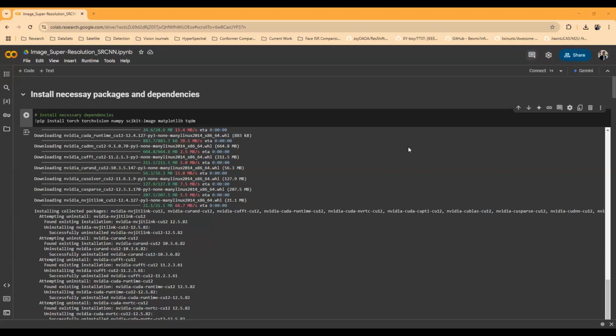So let me first connect to a GPU based runtime.